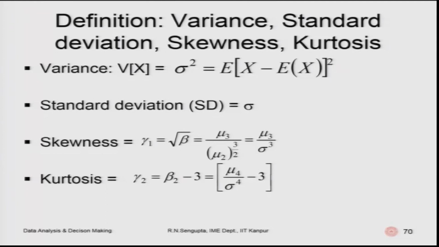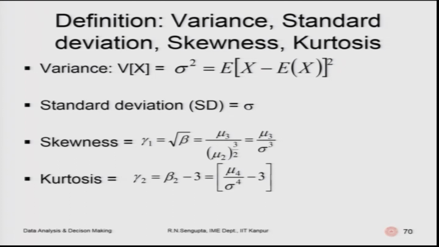We find the difference between the value and its average, square it and find the expected value. That gives the variance, and the standard deviation is the square root of the variance. Skewness and kurtosis have their corresponding values given in this equation.